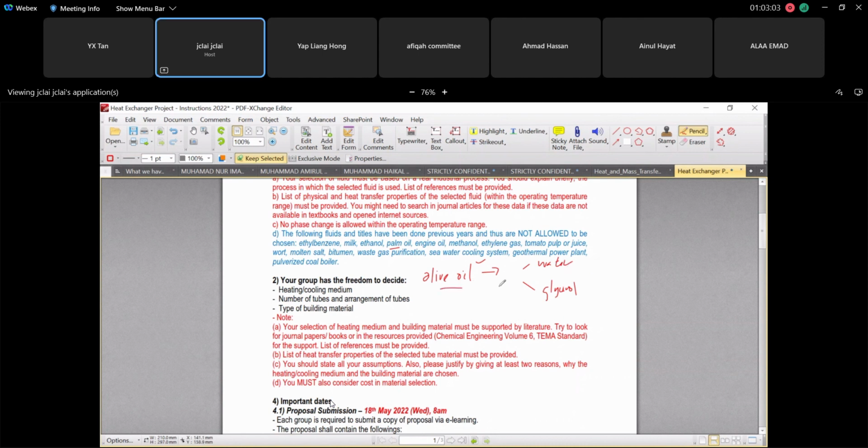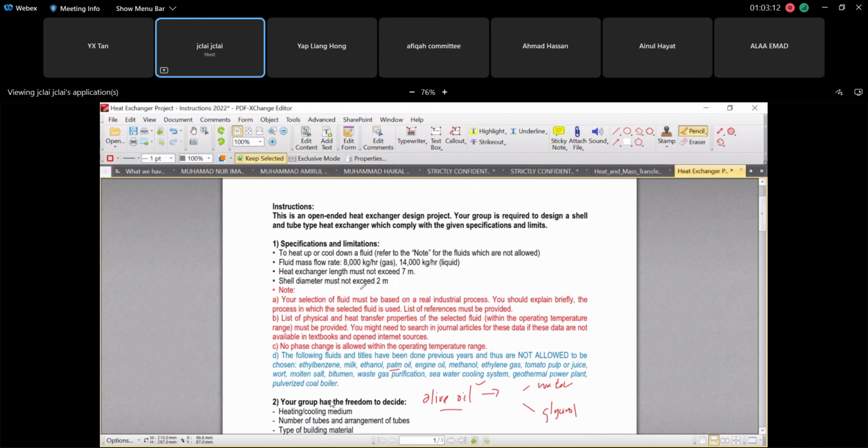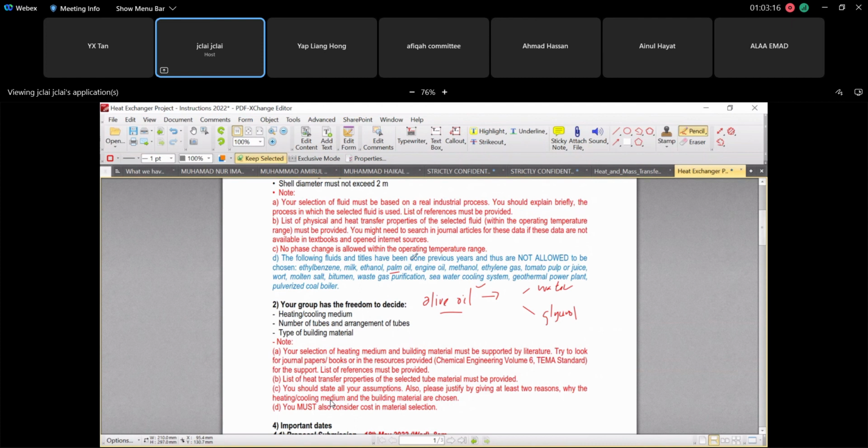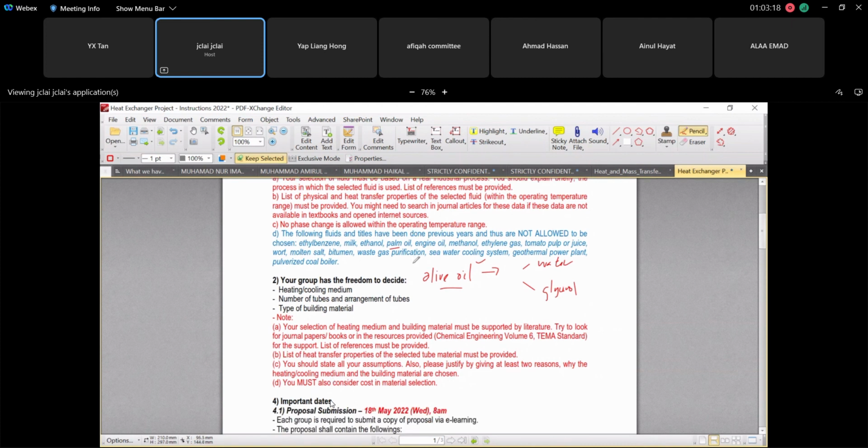One is cooling, another one is heating, for example, because the heating or cooling is not given to you. Heat or cool, it is up to you. Because we want a real industrial process, you must go and get the PFD, the process flow diagram of the process.